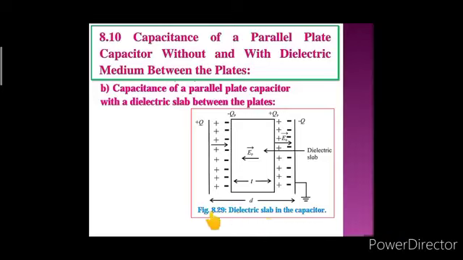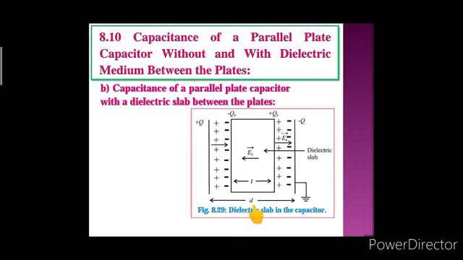So here we are considering a parallel plate capacitor with two plates, each of area A and separated by a distance D there. The area of each plate of the capacitor is A and the separation between these two plates of the capacitor is D.